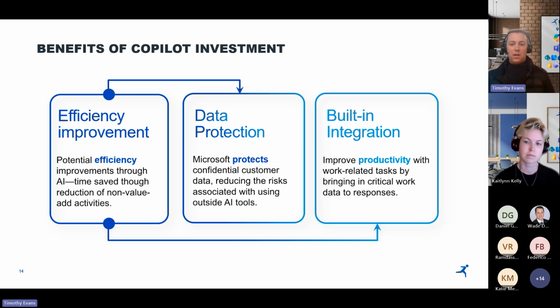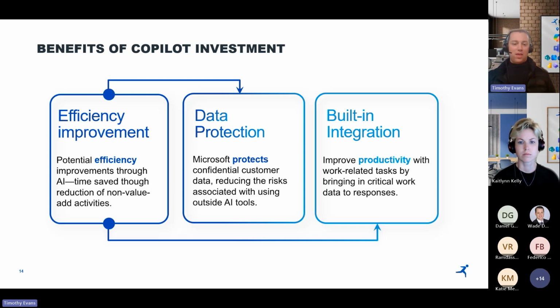I mentioned a little bit about those alarm bells that come along with BYO AI, and that's data protection. So another benefit of Copilot investment is the fact that Copilot is secure. It puts users at ease to know that their data isn't being used to train the large language model, and it isn't leaving that Microsoft service boundary.